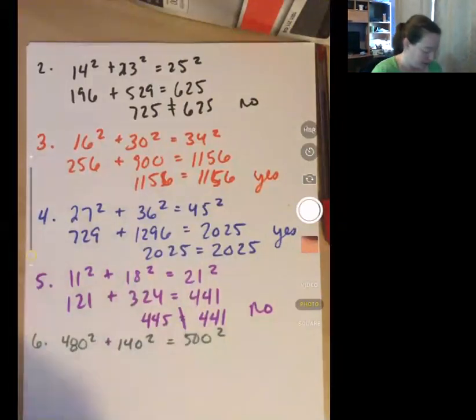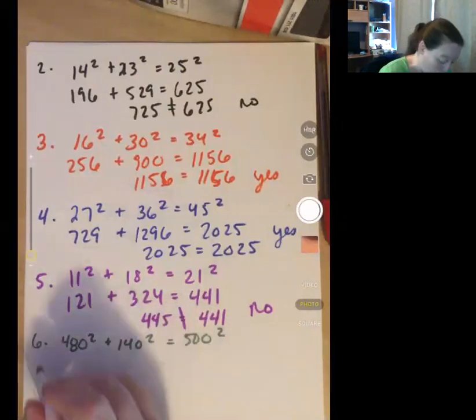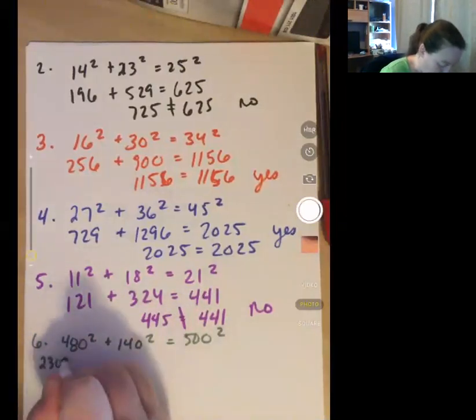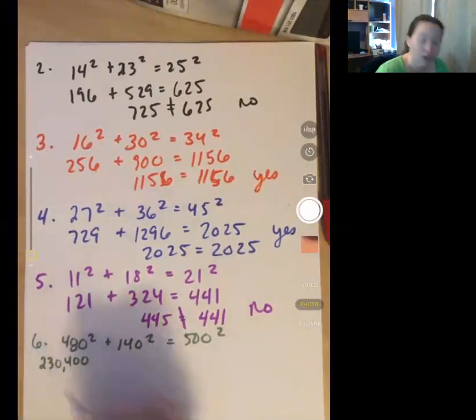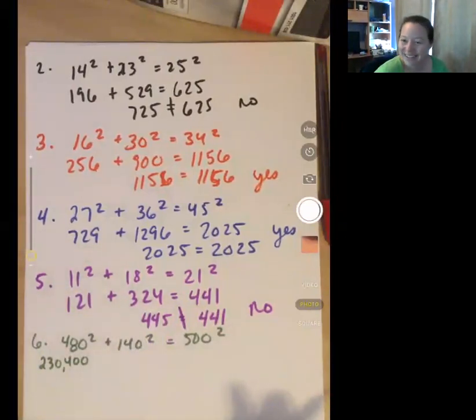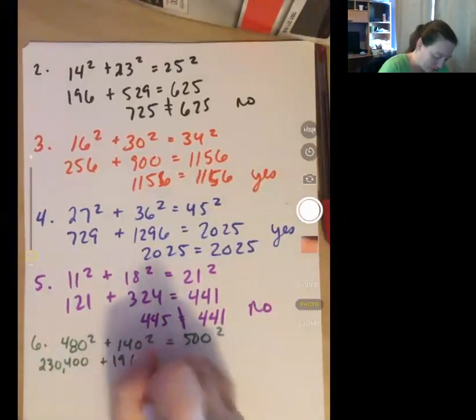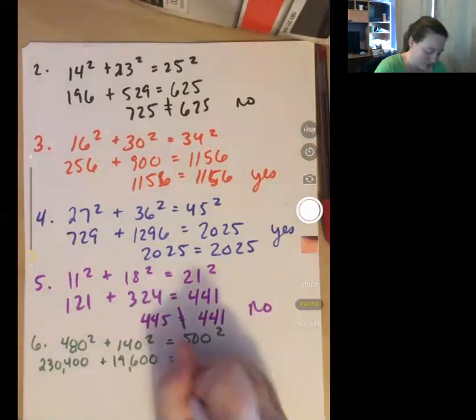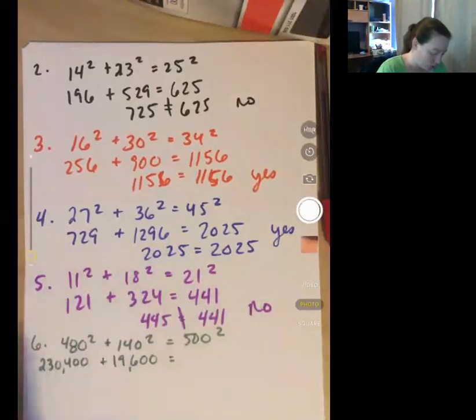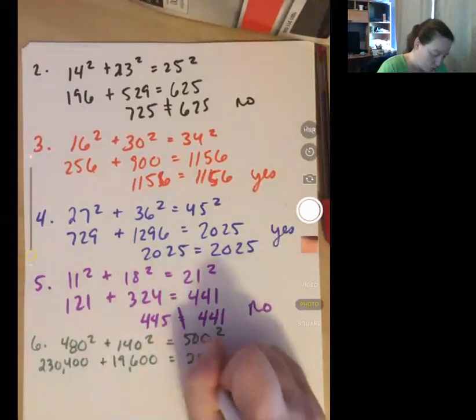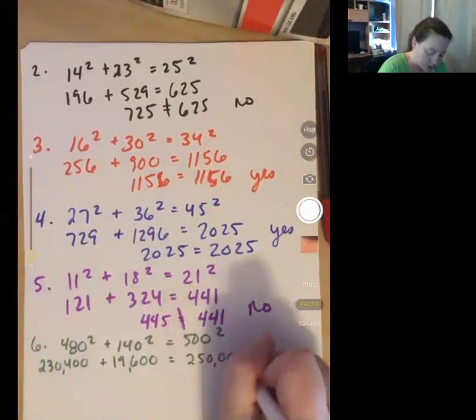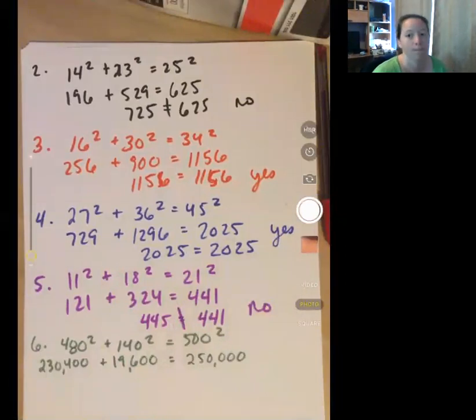Let's see. 480 squared is equal to, wow, okay, 230,400. 230,400 plus 140 squared, which is 19,600. 500 squared is 250,000.